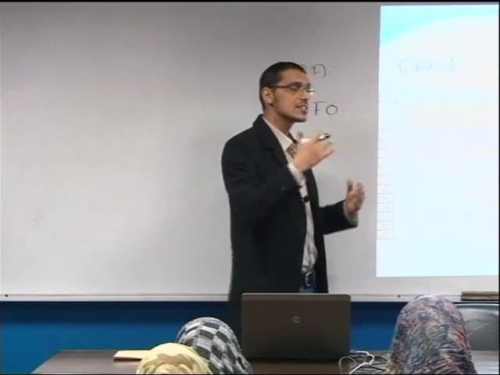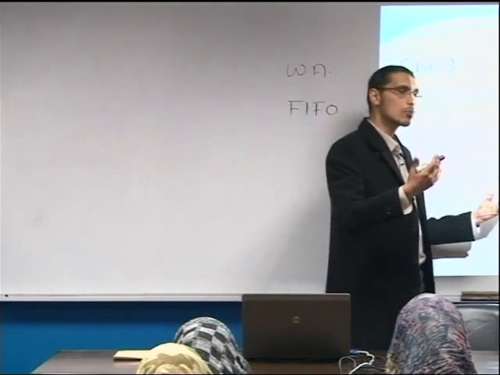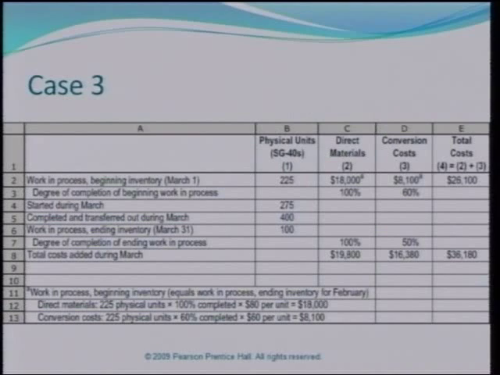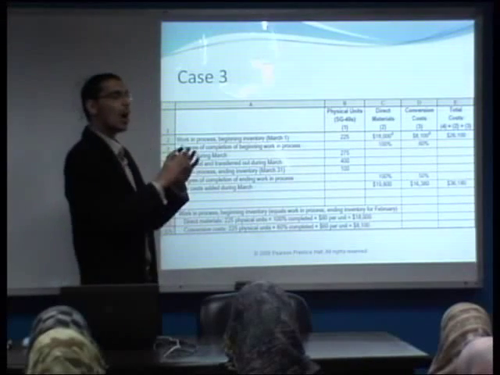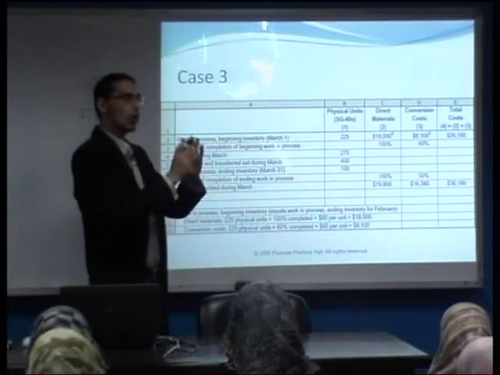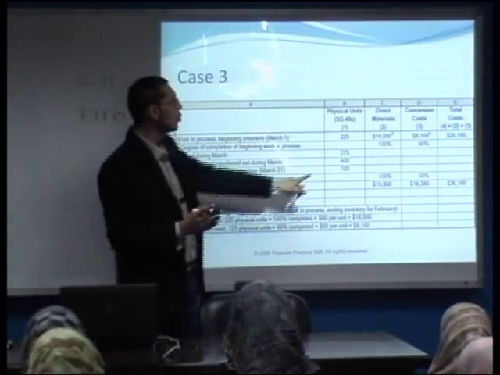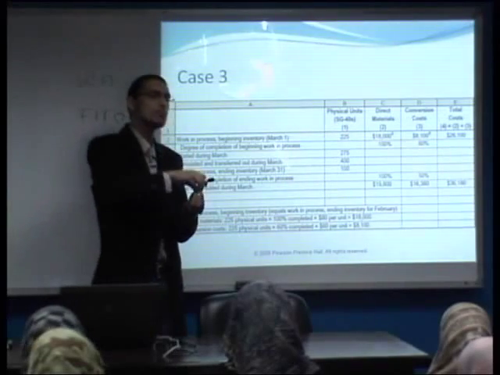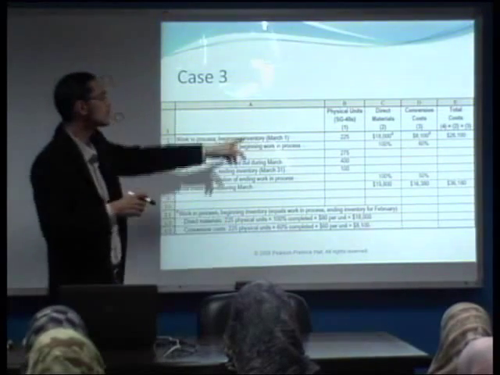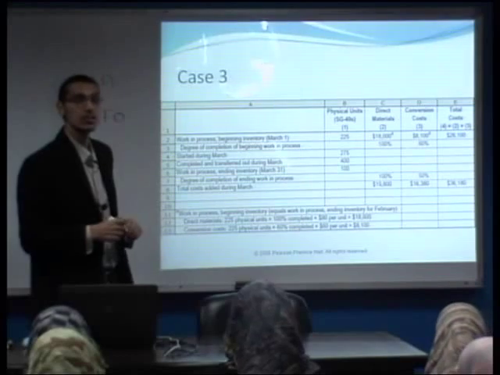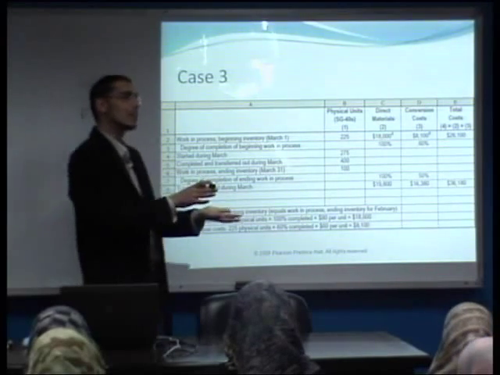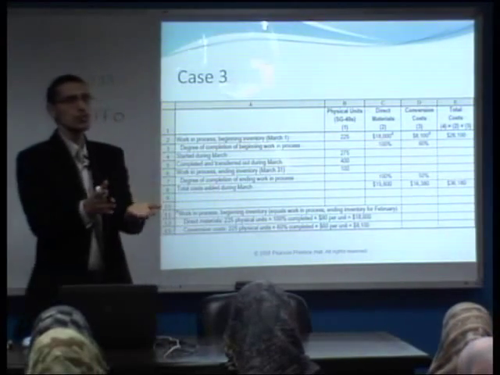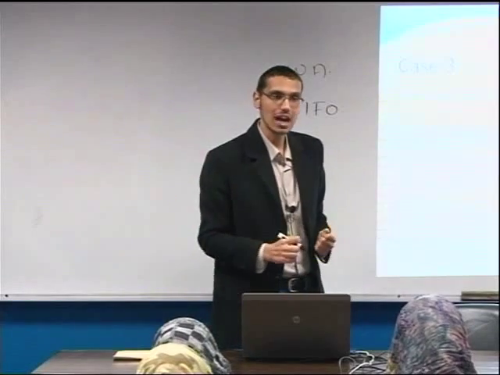During March, we started the production of new units by the amount of 275. Of these units, or total units of 500, we have completed and transferred out from the assembly department to the testing department 400 units. Of course, if we have 500 and we finished 400, therefore we would have 100 remaining.